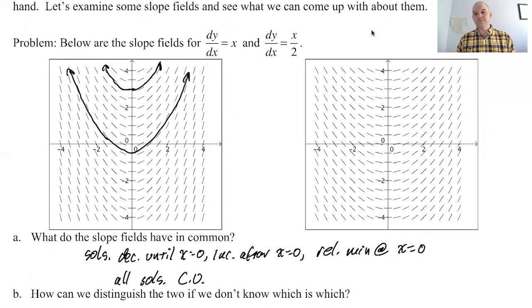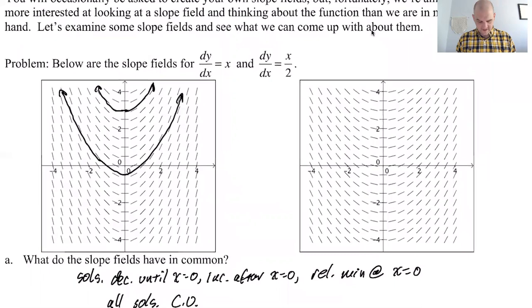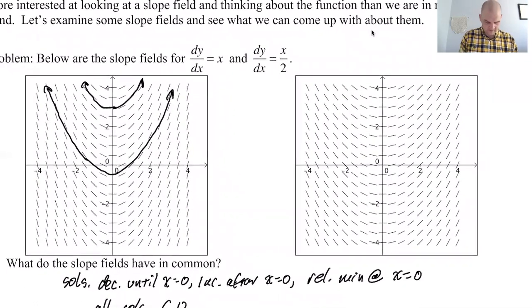One option is to actually just pick a point. If I select the point (2, 2) for both of these, I think it's going to be about here on this curve, and about here on the other. Now, because I put a point there, you can't really see the little segment anymore.